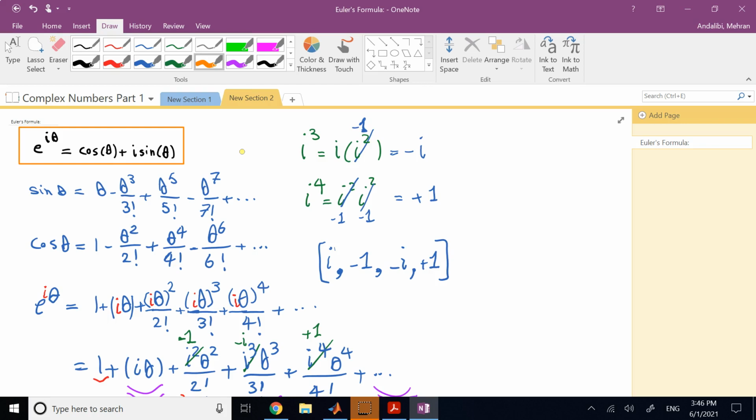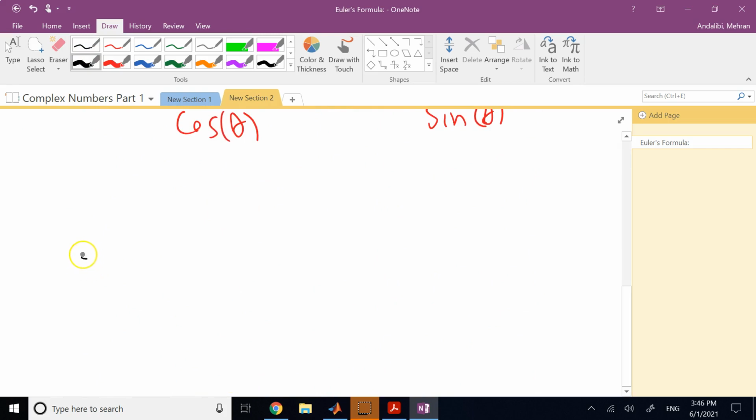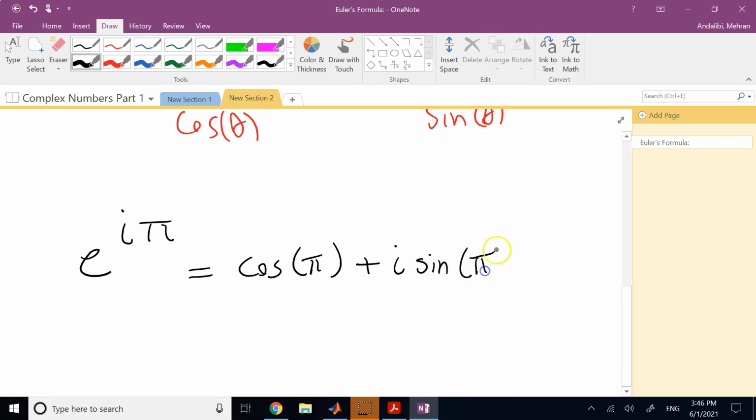And based on this formula, I've seen many mathematicians come and write this formula. They say, what is e to the i pi? Well, let's do it. Based on what you know, it is going to be cosine of pi plus i times sine of pi.